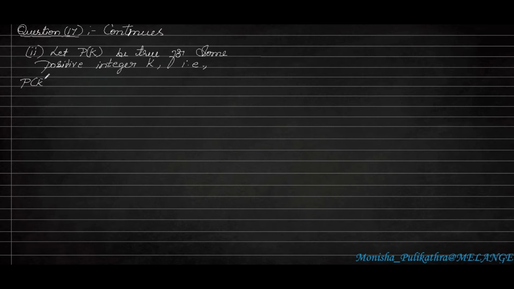So P of k is equal to 1 by 3 into 5 plus 1 by 5 into 7 plus 1 by 7 into 9 plus etcetera, plus 1 by (2k plus 1) into (2k plus 3) is equal to k by 3 into (2k plus 3). This is the equation we get when we substitute k in the place of n. Let this be equation number 1.